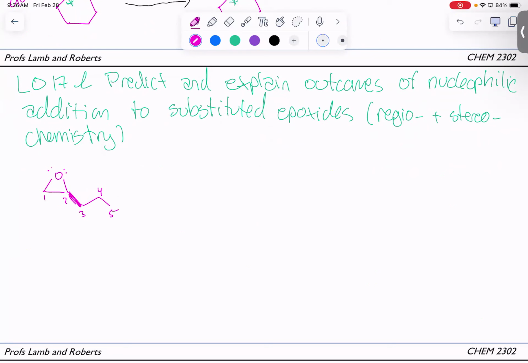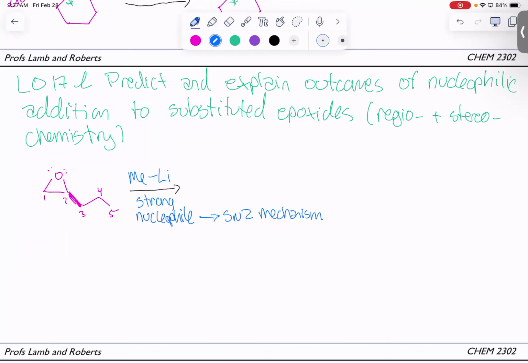All right, so now let's take a look at our reaction. What is our nucleophile? We can say that our nucleophile is methyllithium, for example. Okay, so we can take a look at our conditions and we can say methyllithium is a strong nucleophile. And if we have a strong nucleophile, that means an SN2 mechanism.